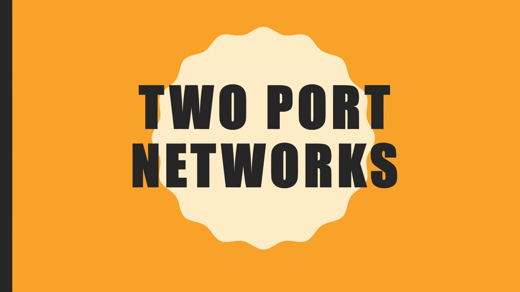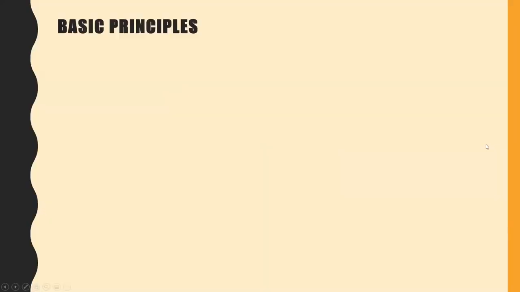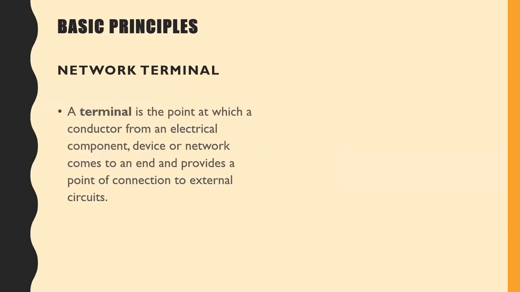So I want to start with some basic definitions as far as two-port networks are concerned. Basic principles. We have been using terminals, but we just want to formally define them. A terminal is simply a point at which a conductor from an electrical component, device, or network comes to an end and provides a point of connection to external circuits.